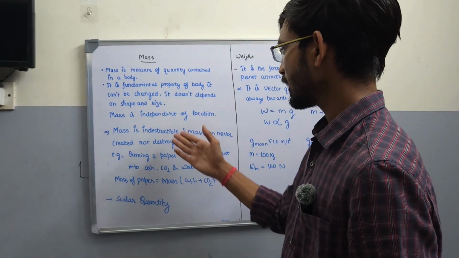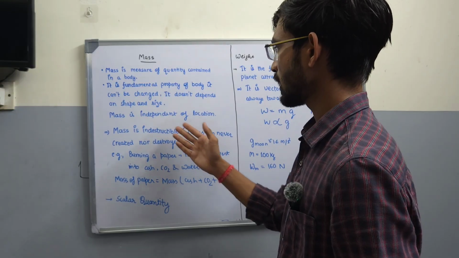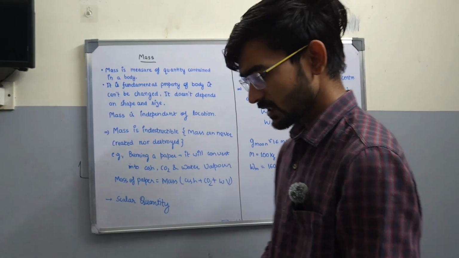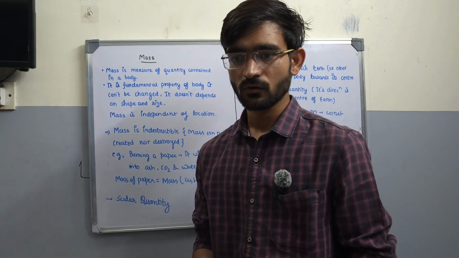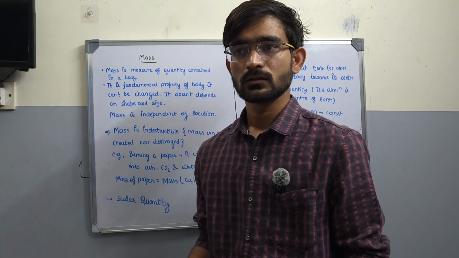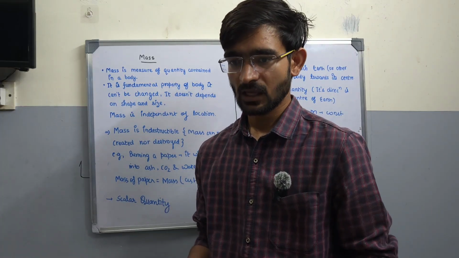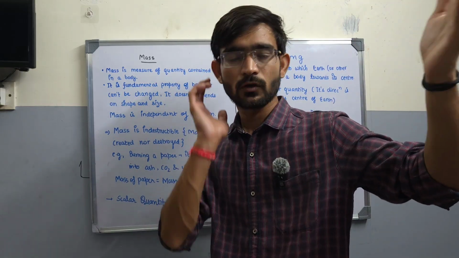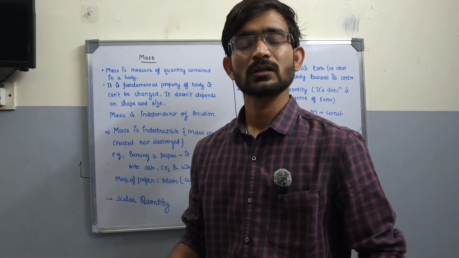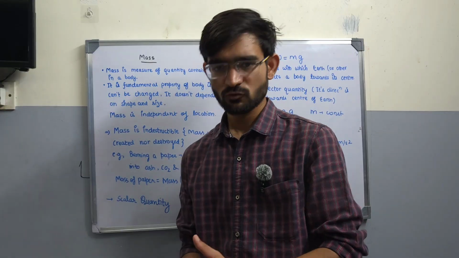And as I told you, mass is indestructible and mass is independent of location. It means that if the mass of a body is, say, 50 kilogram here, then its mass will be 50 kilogram on the Moon, on Jupiter, on Mars. Everywhere its mass will be the same. Mass is not going to change.